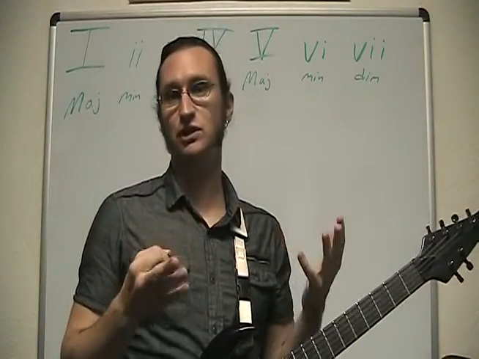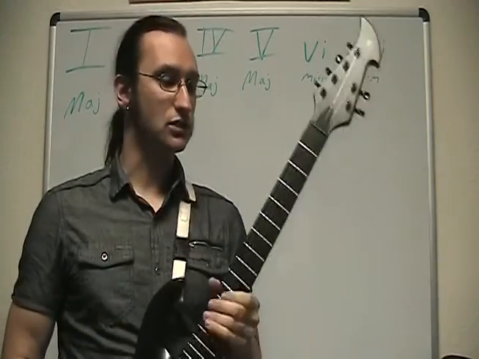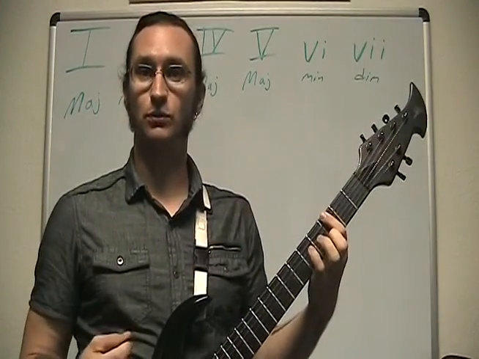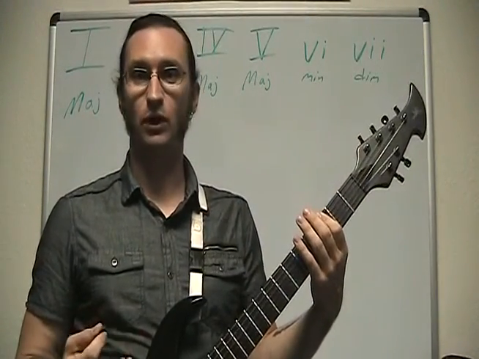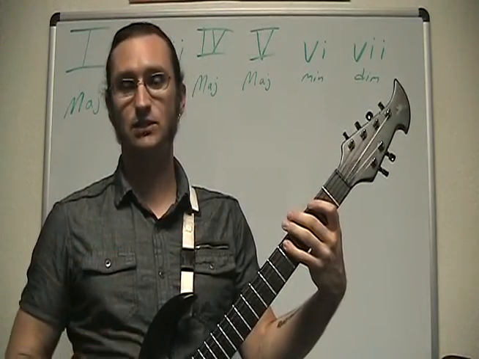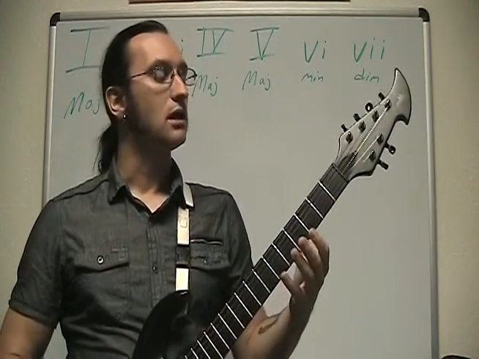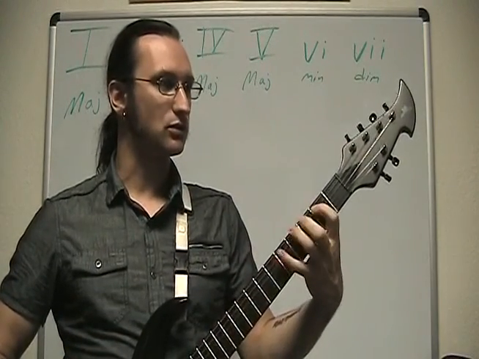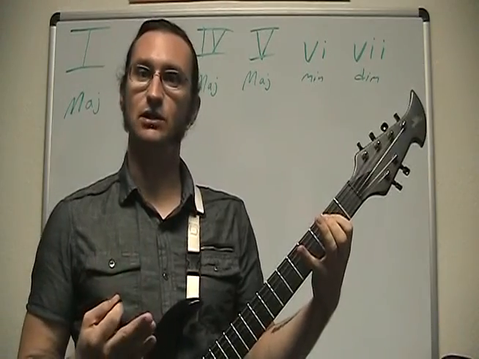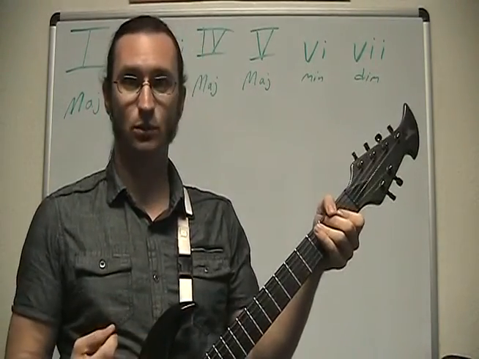So if you did the key of G for the same progression, 1, 5, 6, 4, you'd start on G to start getting your root notes. So G would be the 1, and then 1, 2, 3, 4, 5 lands on D. So we have a G major and a D major so far. And then 6, we need 6. 1, 2, 3, 4, 5, 6. That's an E note. So E minor would be the next chord, the 6th chord.